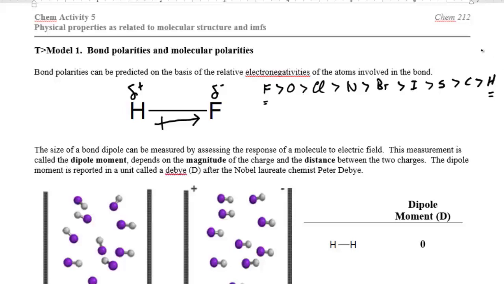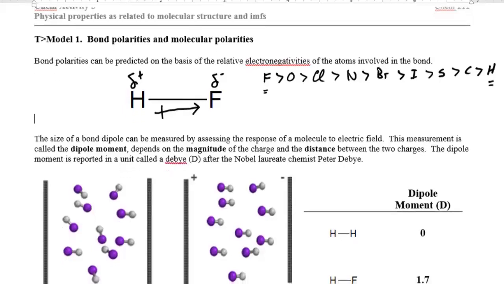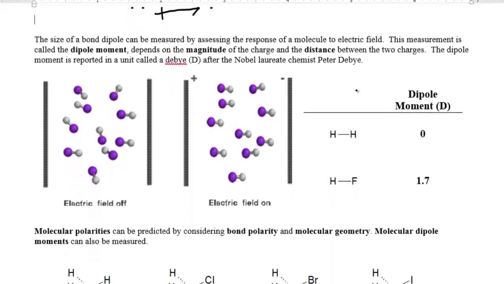Now, the dipole moment can be measured by using a device that sets up an electric field. And so, for instance, if we put hydrogen fluoride between two plates, and if the electric field is not on, we would expect the hydrogen fluoride molecule to, in a sense, be moving around randomly, oriented in a variety of different directions.